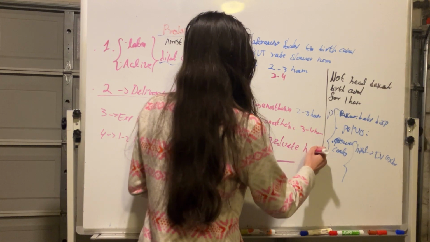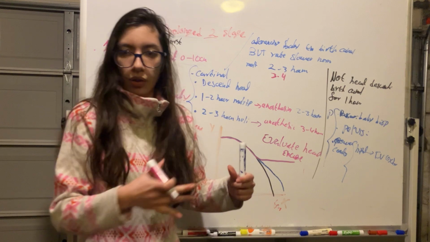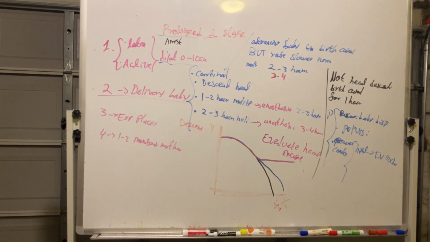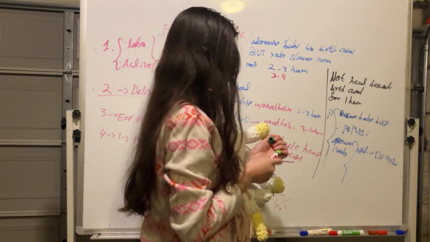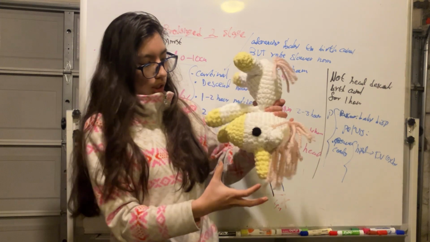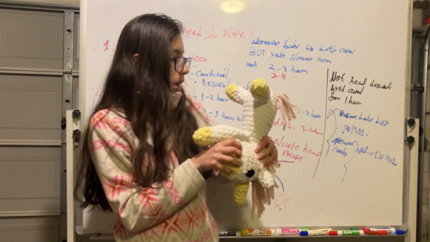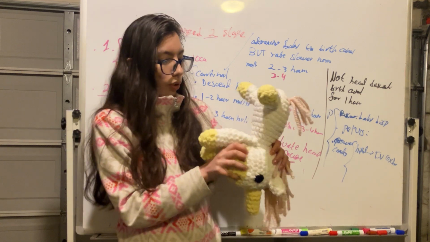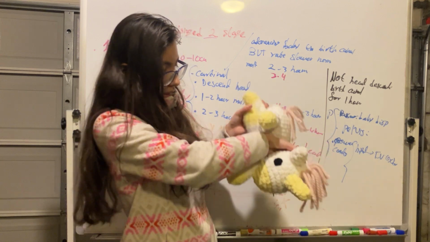And here what we need to do is evaluate if the head is already engaged in the pelvis. If the head is already engaged, we could try to use vacuum assisted, for example, or forceps to try to help to descend the baby.